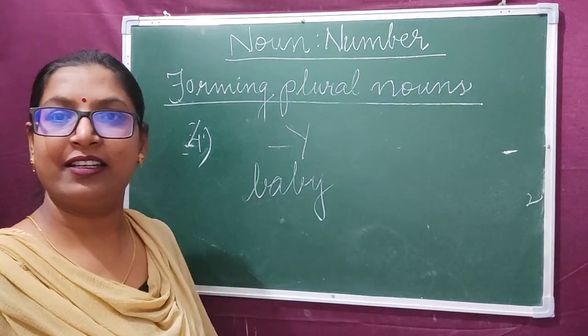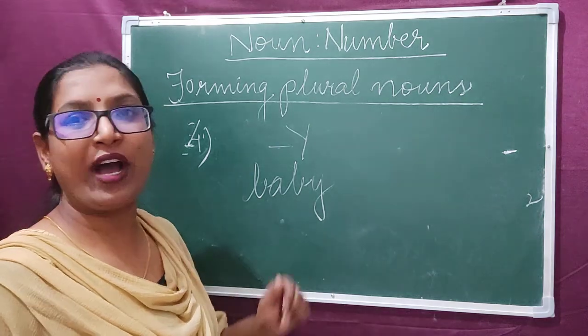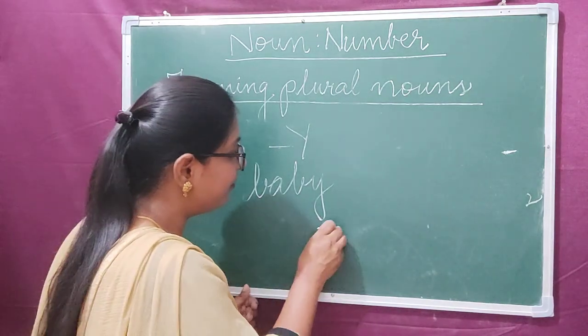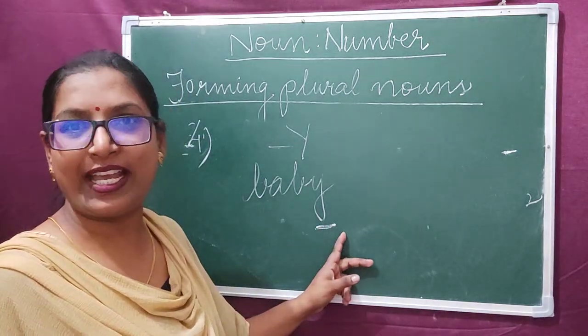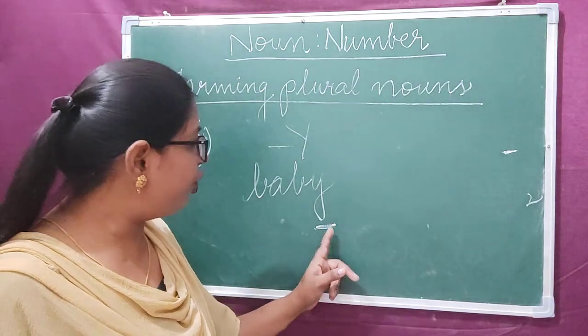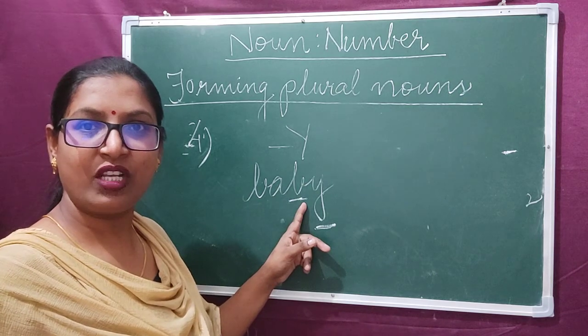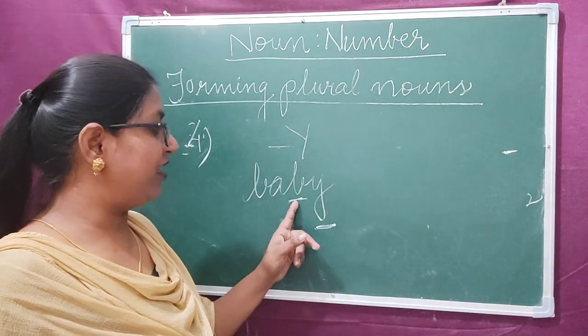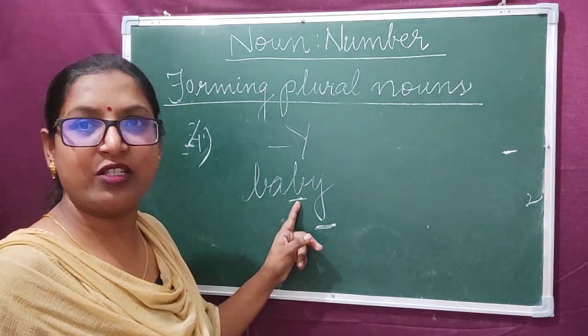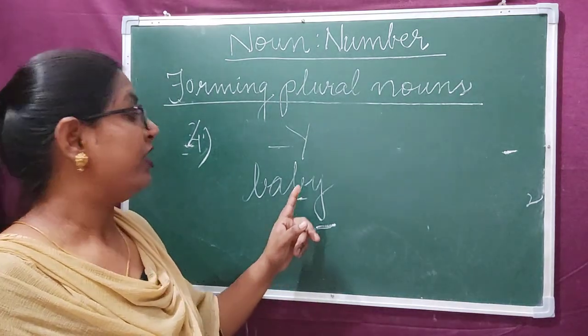Let's see the example. Baby. B-A-B-Y, baby. You can see here the word is ending in Y. And before Y we can see here the consonant B. Before Y the letter which comes is a consonant. So what we do?